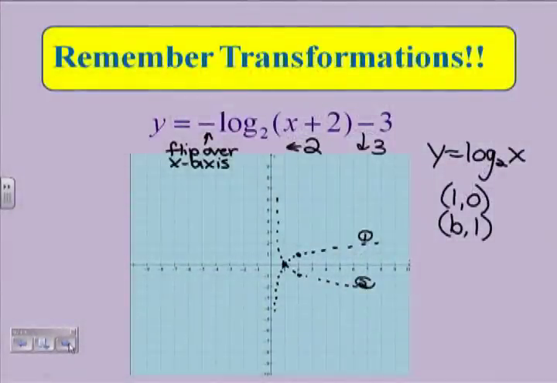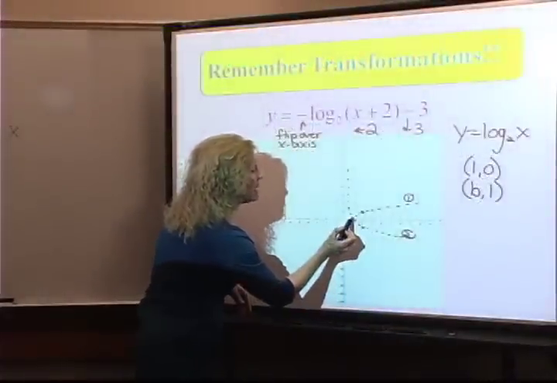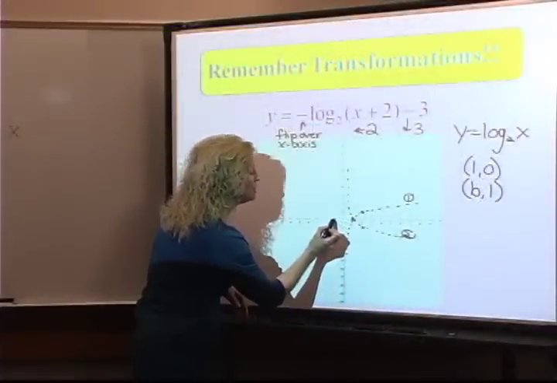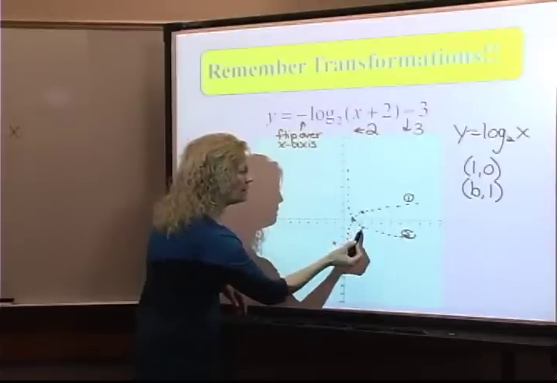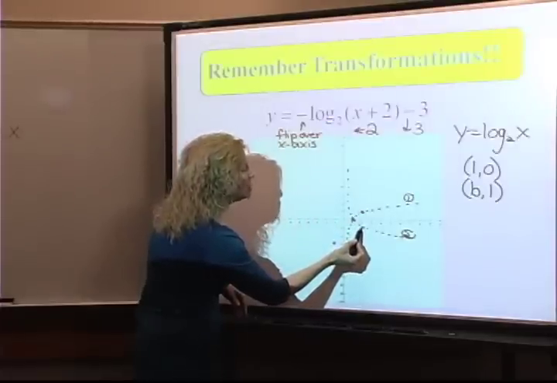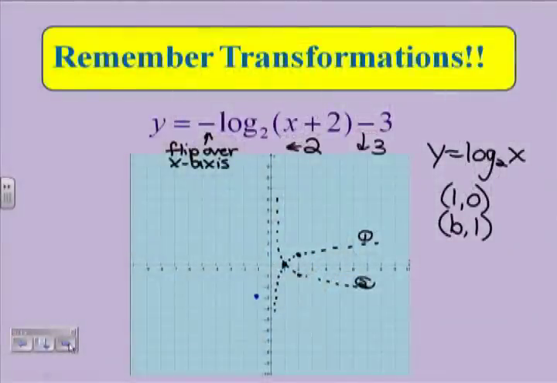And then all I need to do is take these 2 points and move them according to these shifts. So this guy goes left 2, down 3. This point at 2, negative 1 goes left 2 and down 3.